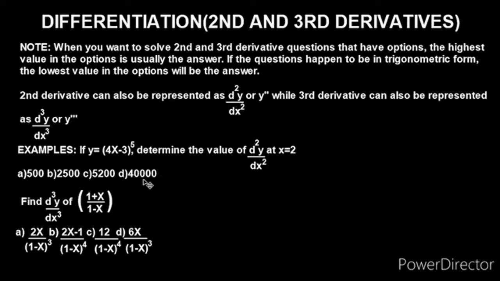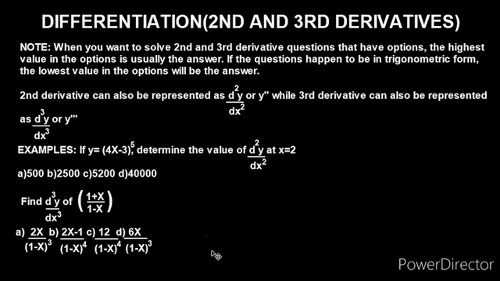Now this is the trick. The highest value here is 40,000. So this is the answer to this question. But we're going to confirm this 40,000 with another trick using the calculator, so that you will not doubt that option D is the answer, right? So right now, let's use another trick again to confirm that 40,000 is indeed the answer to this question.